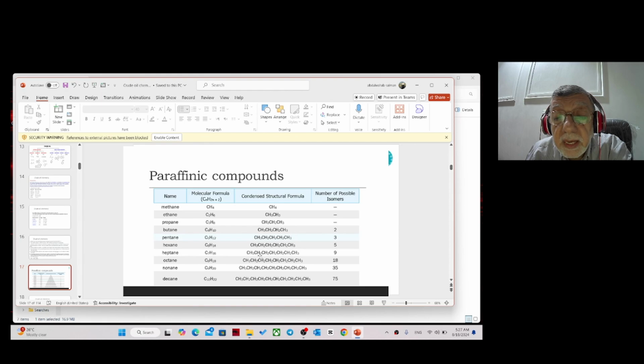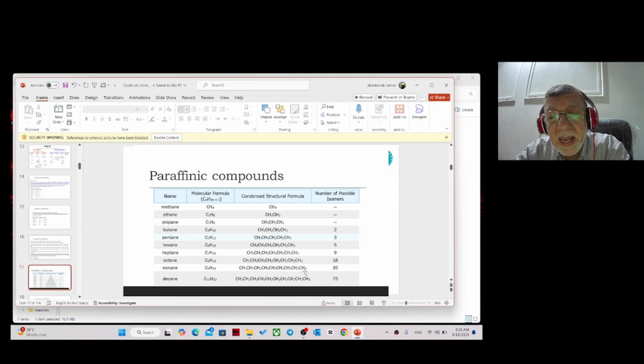So from C5 till C17 is liquid. C5, C6 we call light naphtha. C7, C8 we call heavy naphtha. Light naphtha and heavy naphtha we send to the benzene pool to produce benzene after another treatment or processing, because light naphtha and heavy naphtha are not suitable to become petrol directly.